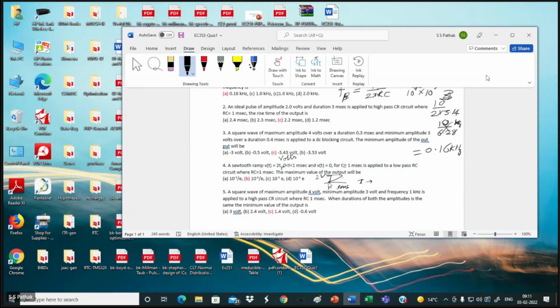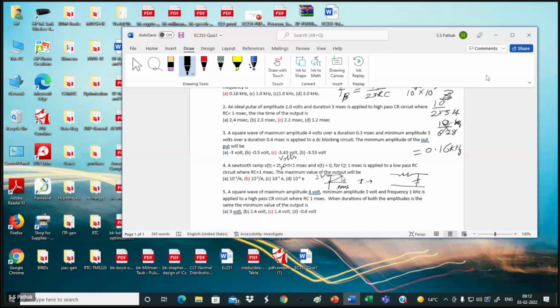Applied to a low pass circuit, RC equal to 1 millisecond. If I'm applying this ramp, low pass RC is what? This is my R, this is my C. It is defined from 0 to 1 only.